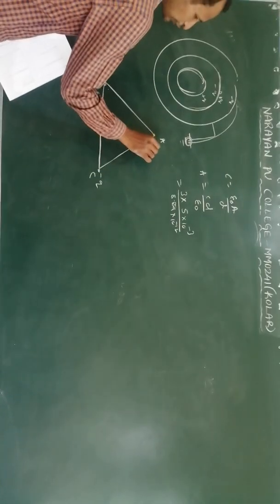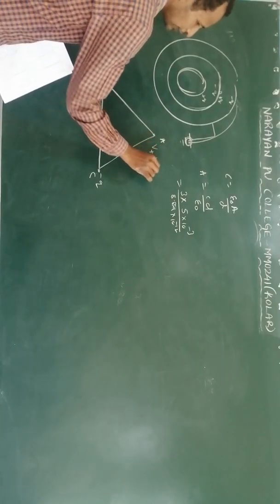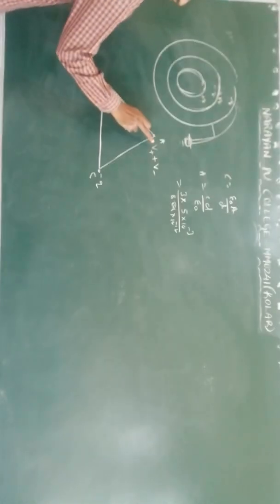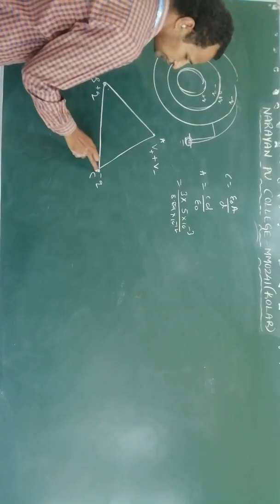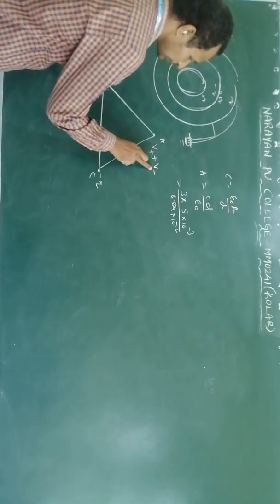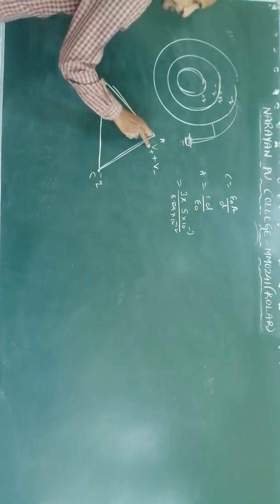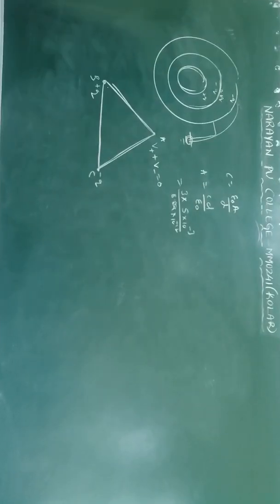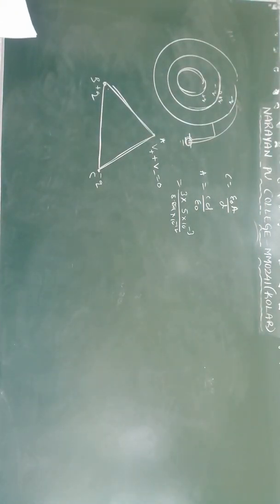So you have two potentials, V plus and minus. Due to the positive charge, you have a positive potential. Due to the negative charge, negative potential. Equal distances, magnitude is equal. You will get 0. Potential is 0.